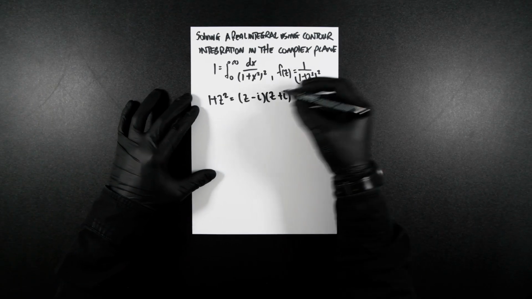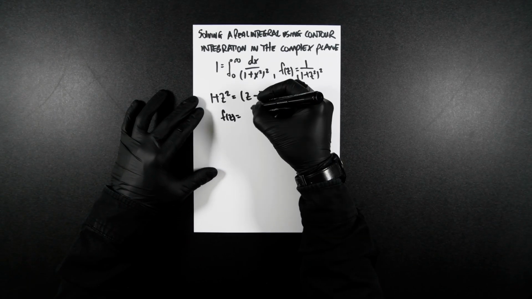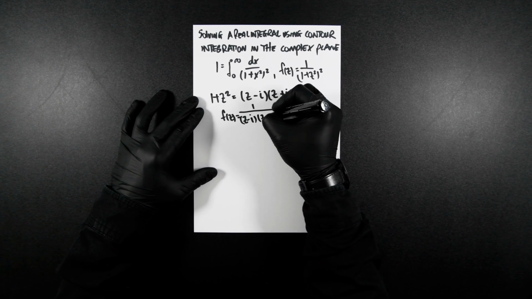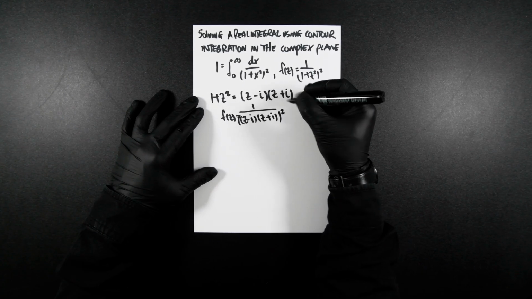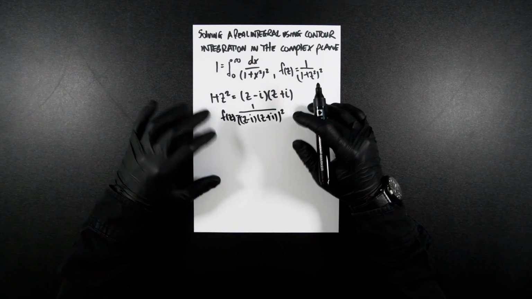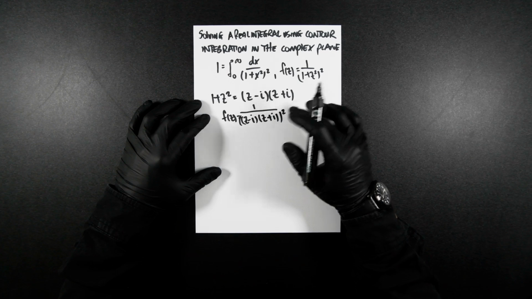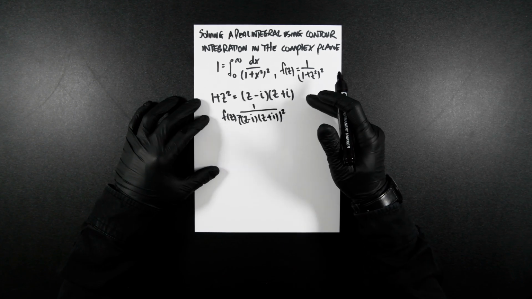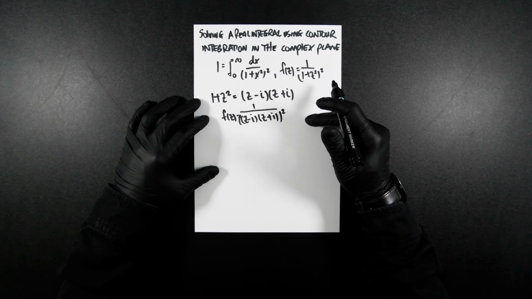Now we will have f of z equals 1 over (z minus i)(z plus i), all squared. The function has second order poles, i.e. double poles, at z equals i and z equals minus i. And since we're using a contour in the upper half plane, only z equals i lies within the contour.